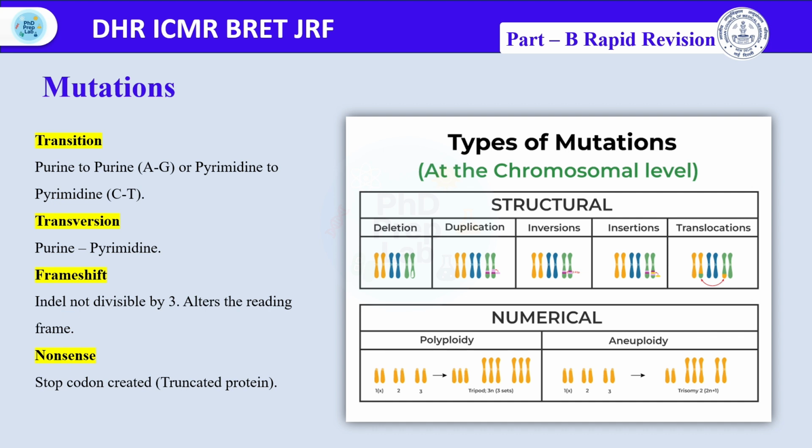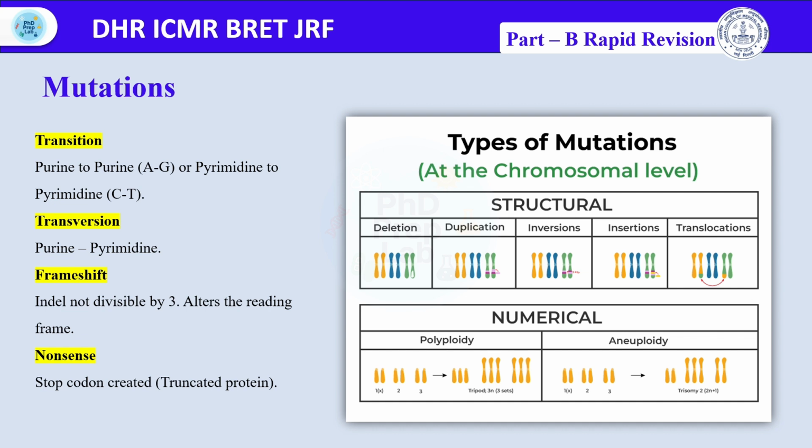So suppose you have a code given, and there could be insertion or deletion of one or two nucleotides only, which can alter the triplet reading frame of a gene. If there are three nucleotides added or removed, it will not disrupt the entire frame. Then likewise you have to remember in exam.